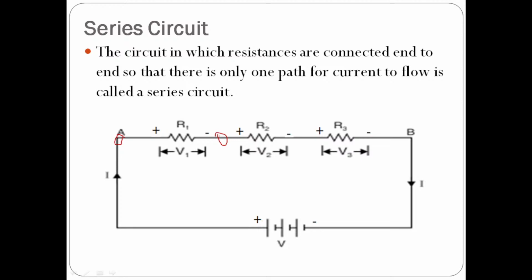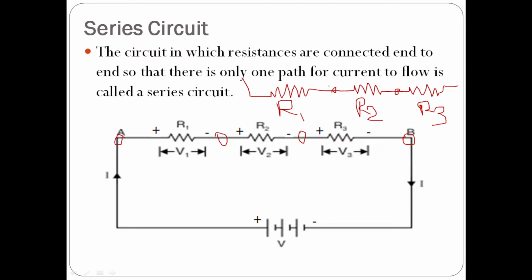The end of R2 is connected to R3. So if you consider more than one element, and the end of one element is connected to the starting end of another: this is the starting end of R1, this is the finishing end of R1. This is the starting end of R2, this is the finishing end of R2.